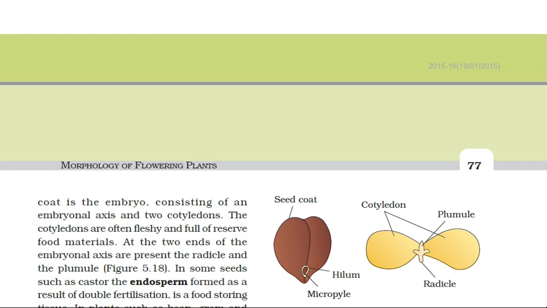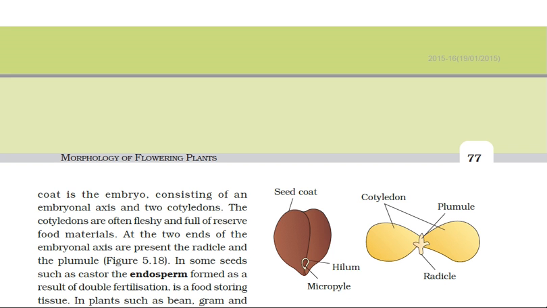The embryo consists of an embryonic axis and two cotyledons. The cotyledons are often fleshy and contain reserve food material. At the two ends of the embryonal axis are the radicle and the plumule.